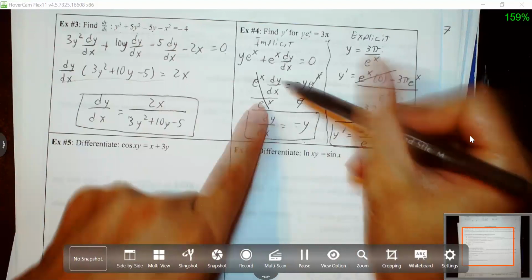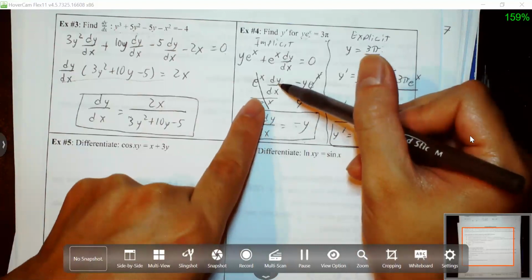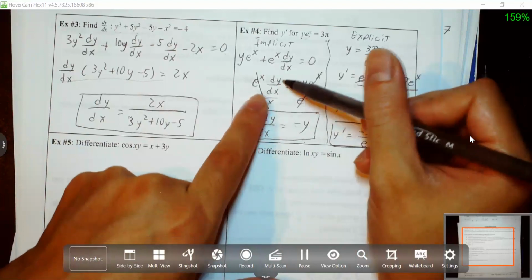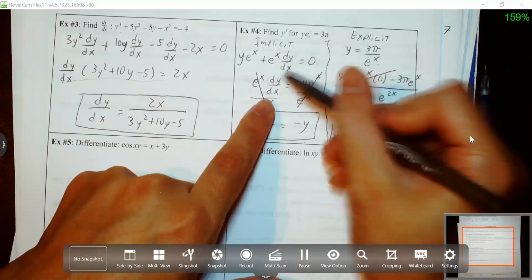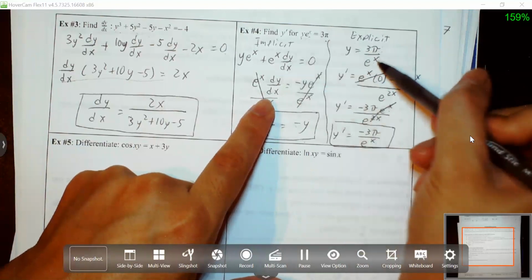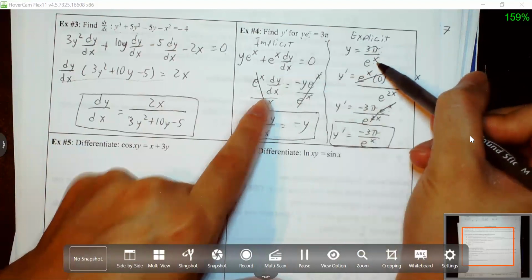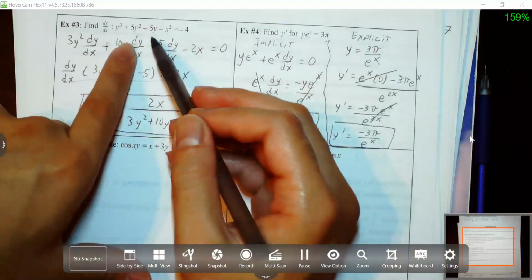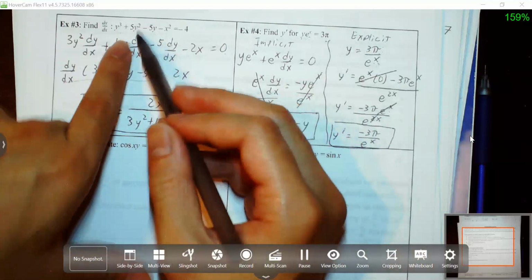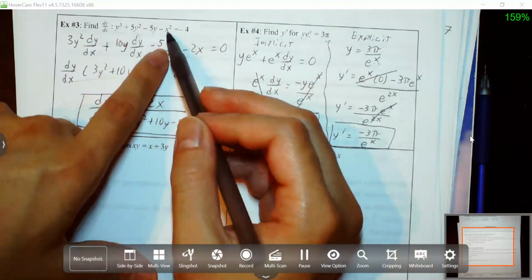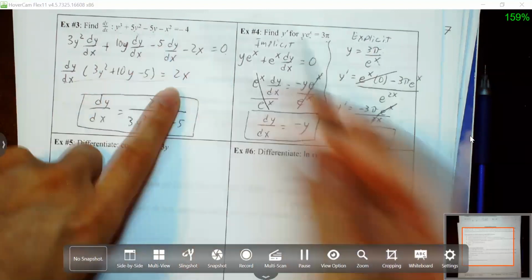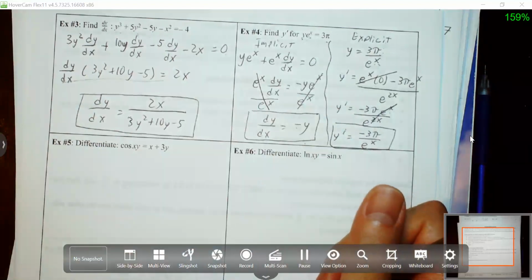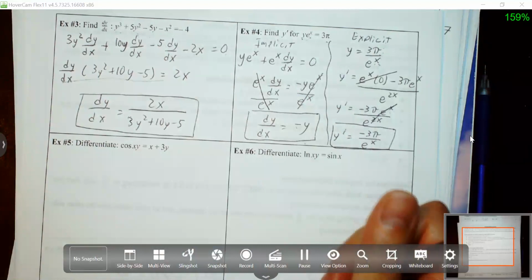That's why when we take the derivative of y in implicit differentiation, we do the dy dx, because y is really a function of x. It's just that for some of these questions, we can't really figure out what that is. But y really is a function of x. And so that's why we have to put dy dx when we differentiate implicitly.